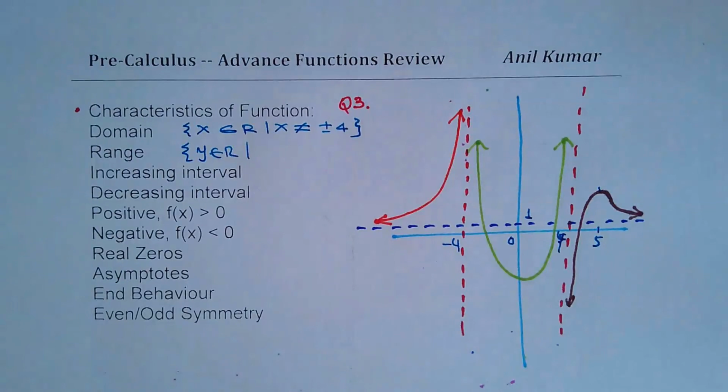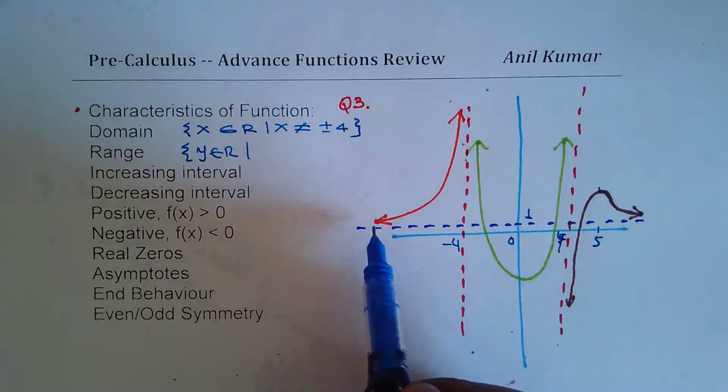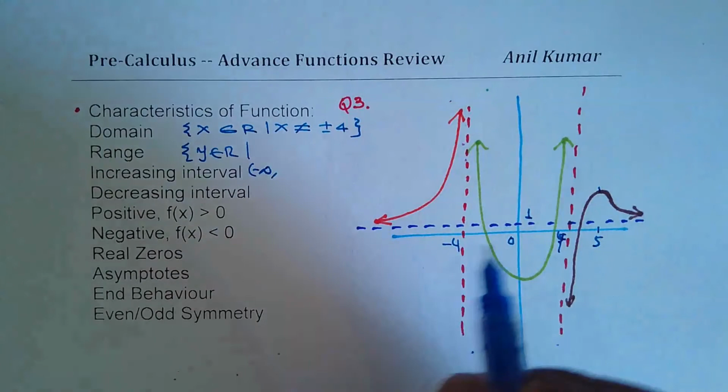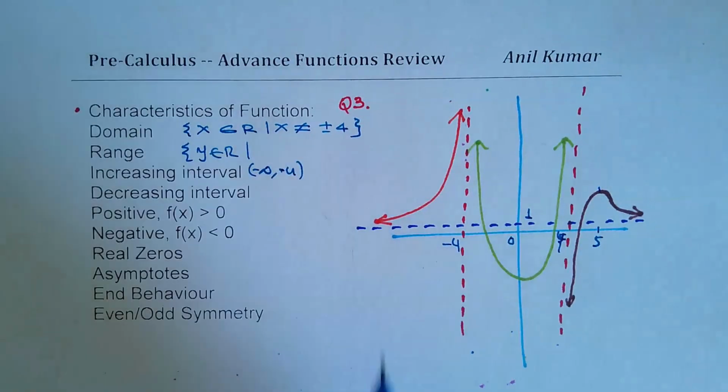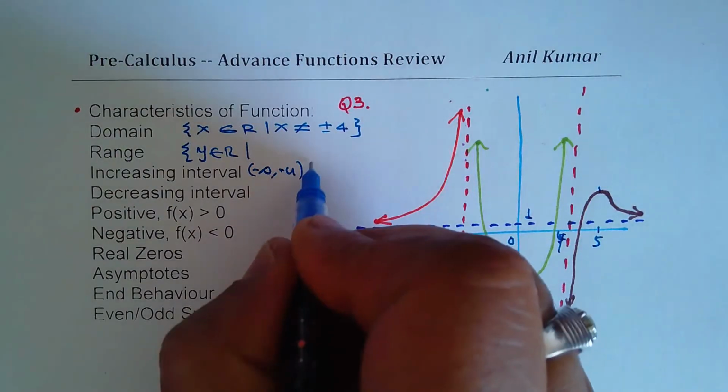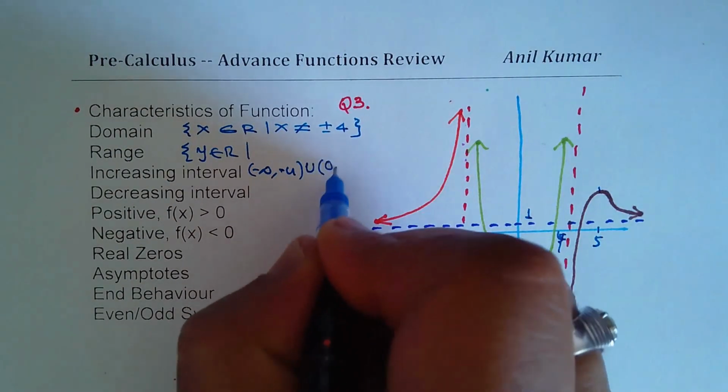Now important thing here is to understand increasing and decreasing intervals. Now this is called increasing. So the increasing interval we could write here from -infinity to -4. It is increasing. And then it increases from, let's say this is the peak, okay? So 0 to 4. So we say union 0 to 4.